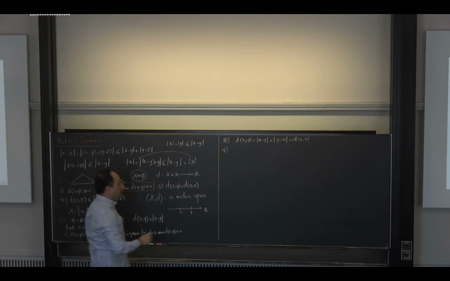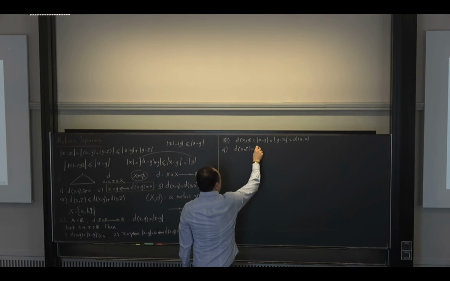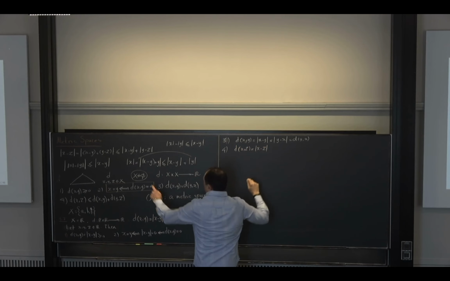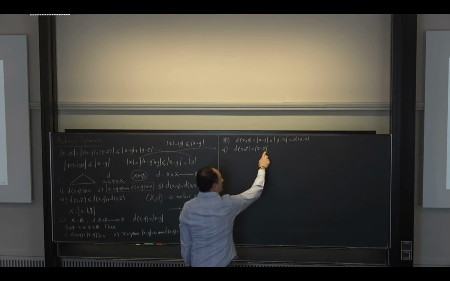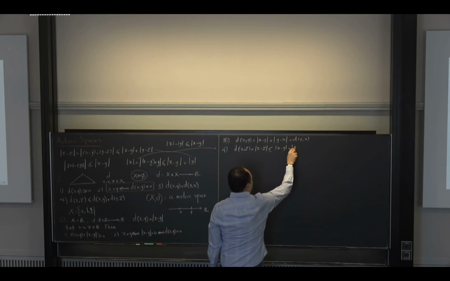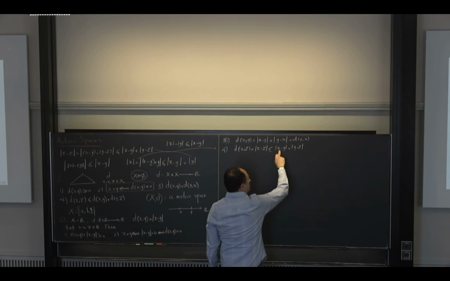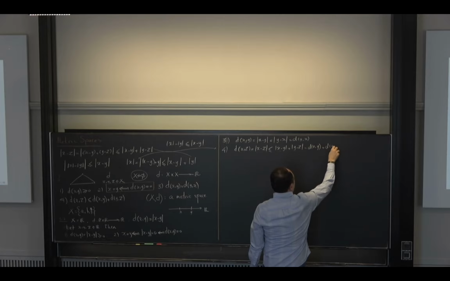So d(x, z) is equal to the absolute value of x minus z, which is less than or equal to the absolute value of x minus y plus the absolute value of y minus z. But what is this one? This is exactly d(x, y). And what is this one? This is d(y, z).